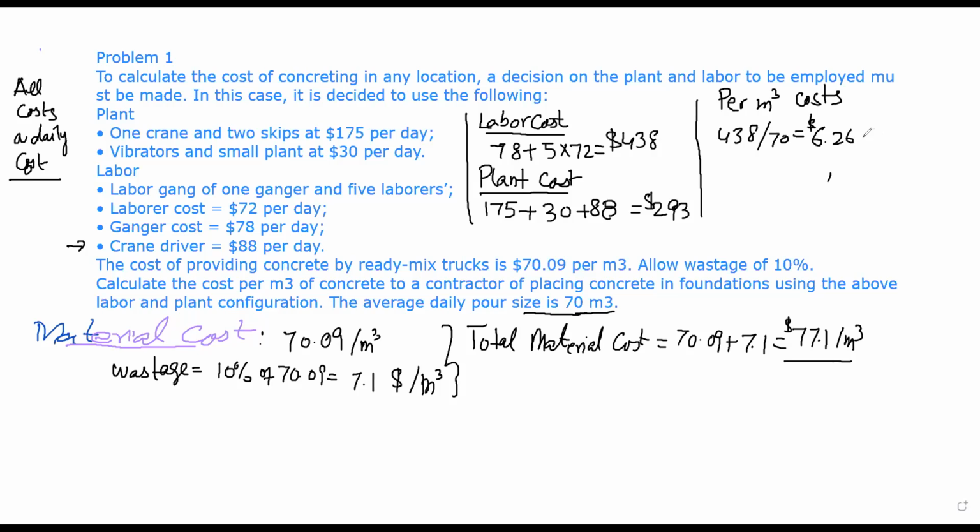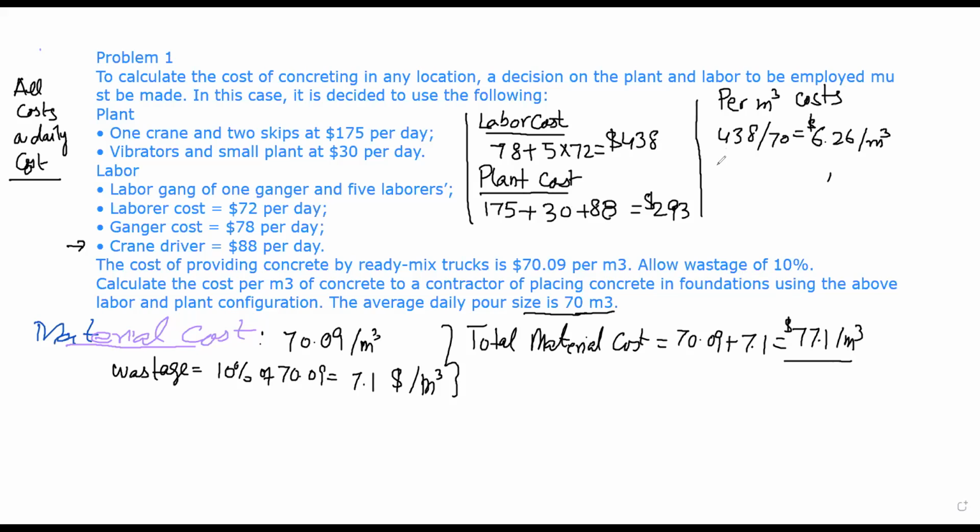Dollar per cubic meter, per day. Therefore, it's $6.26 per cubic meter per day.